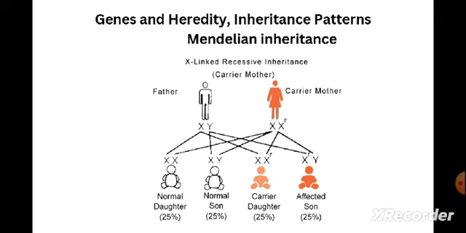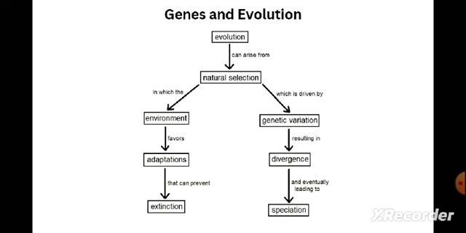For example, if both parents have heterozygous alleles, their offspring have a 75% chance of showing the dominant trait and a 25% chance of showing a recessive trait. You can see this in the diagram, the father carrier and the mother carrier. So Mendel gave us the statement that we can predict the probability of traits transferred from parents to offspring.